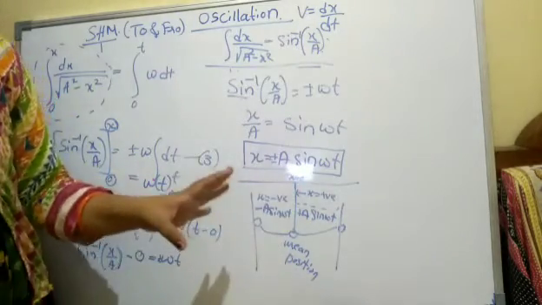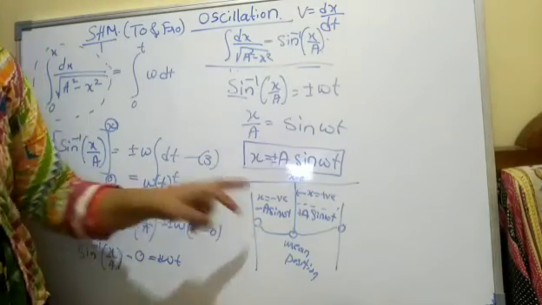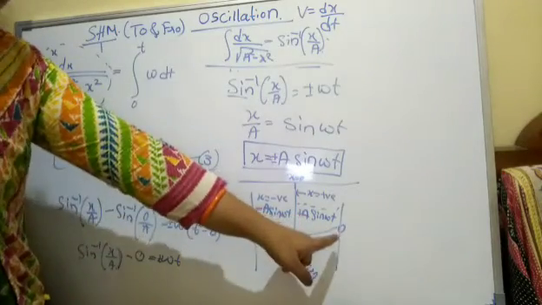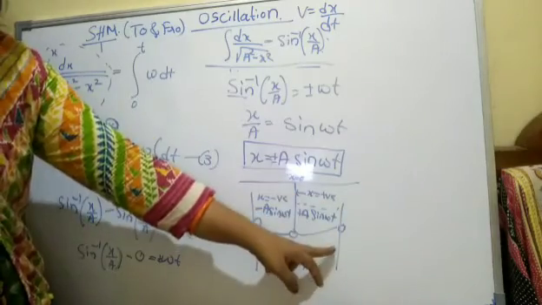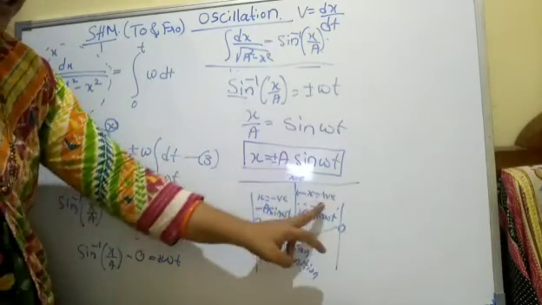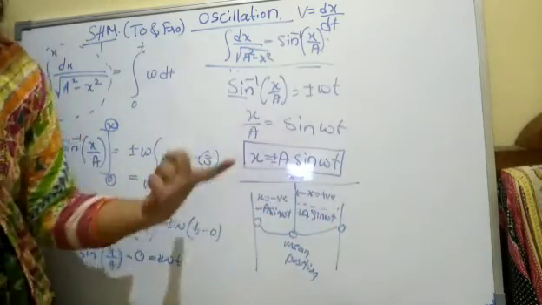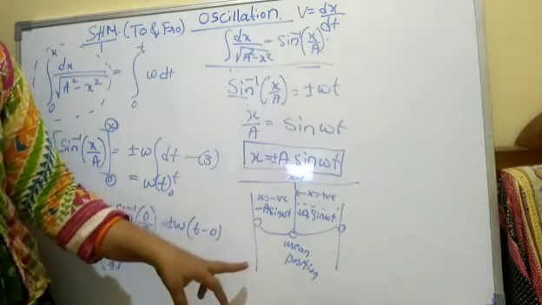Why am I using this point here? It is not compulsory that the body should move from the mean position only. It may start the simple harmonic motion, means to and fro motion, at the extreme position also, or in between the mean position and the extreme position. Maybe it is the positive direction, maybe it is the negative direction. So at that time we will get confusion here.